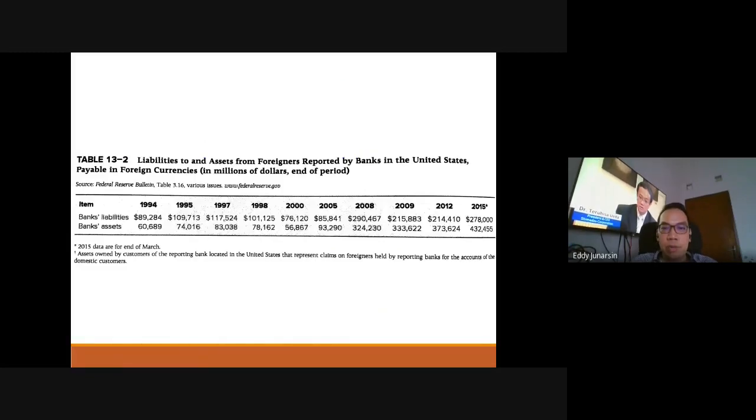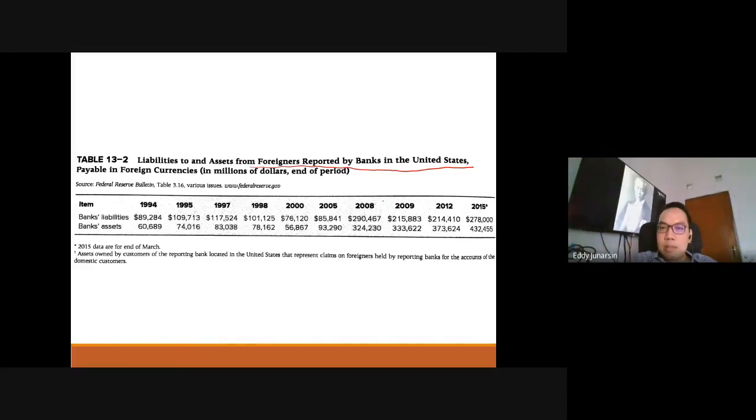And historically, we are seeing here assets and liabilities from foreigners, right? From foreigners reported by banks in the US. So liabilities to and assets from foreigners reported by banks in the US. And we see an increasing trend, maybe except during this period, right?